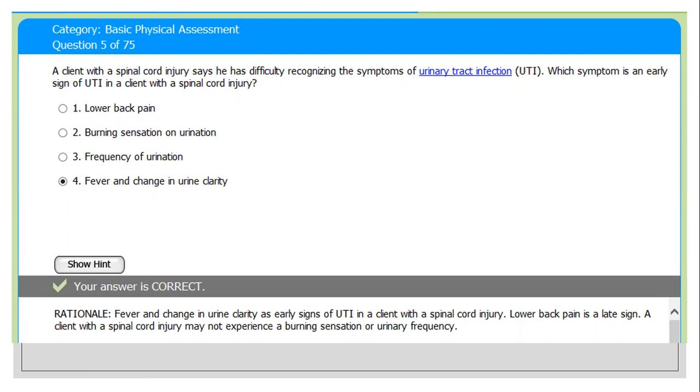This is the first sign of infection. Rationale: fever and change in urine clarity are the early signs of UTI in a client with a spinal cord injury. Lower back pain is a late sign. A client with a spinal cord injury may not experience a burning sensation or urinary frequency.